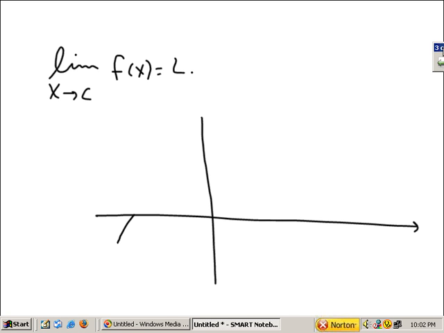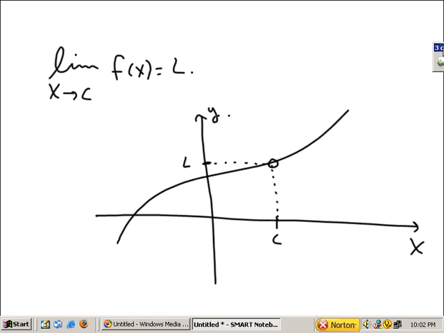So maybe here is some function, and here is C. And even if it's an open circle here, L is going to be that value. Why?